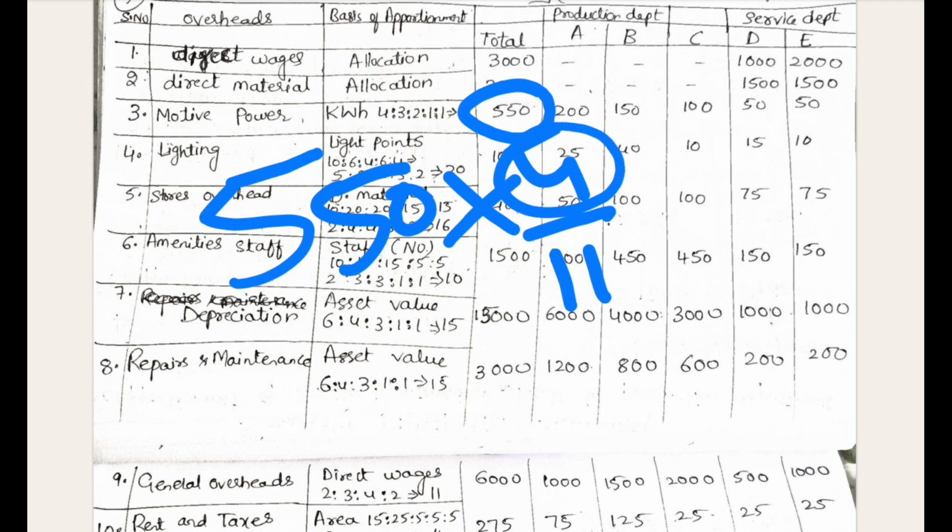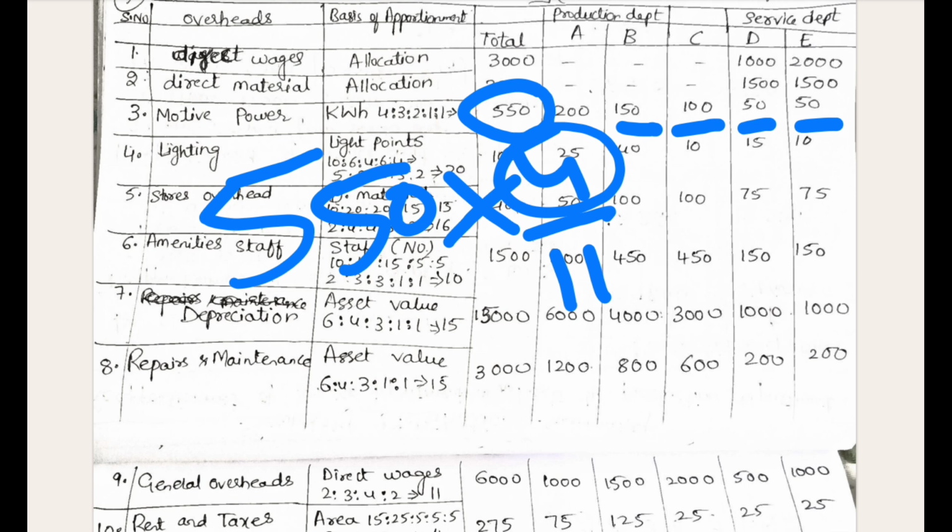For B, the ratio is 3, and the total ratio, the denominator, will be the same, 11. So for B, 3/11, you will get 150. For C, 550 into 2/11, 100. 550 into 1/11, 50. 550 into 1/11, 50. Like this you will get the answer.